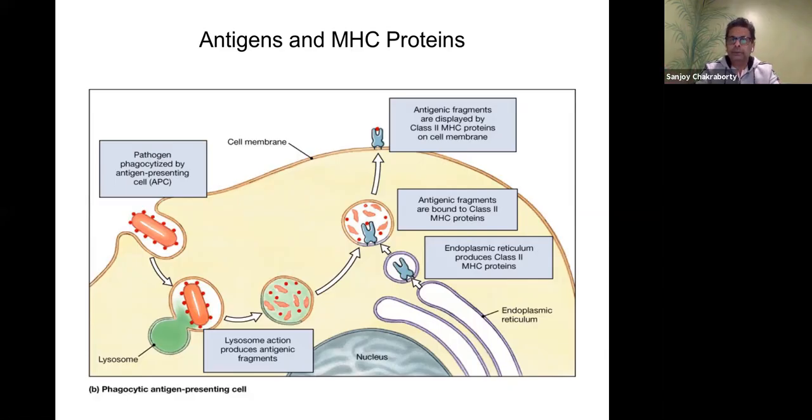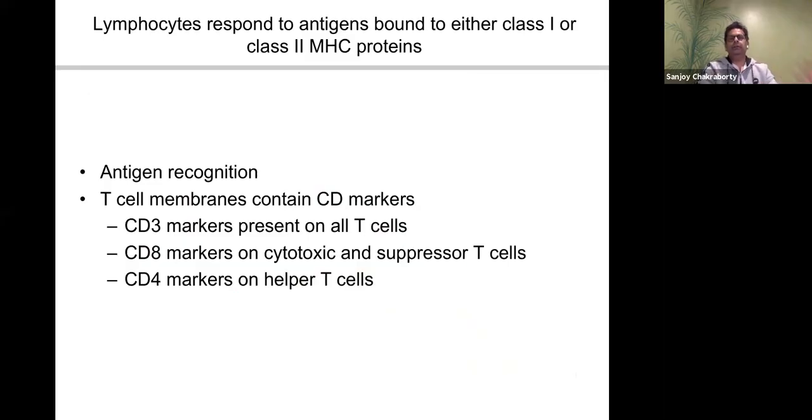Now what happened? Those defense people come, the army, the police, all the defense people. There are many of them, of different types. When scientists discovered them, they found that T lymphocytes, or T cells, have a lot of markers on their membranes.